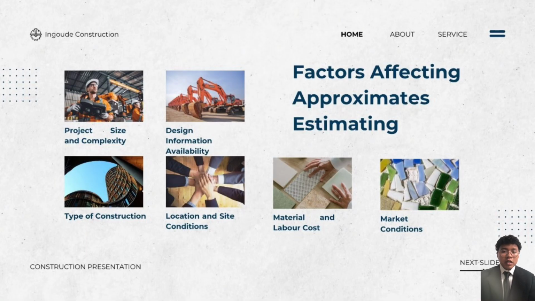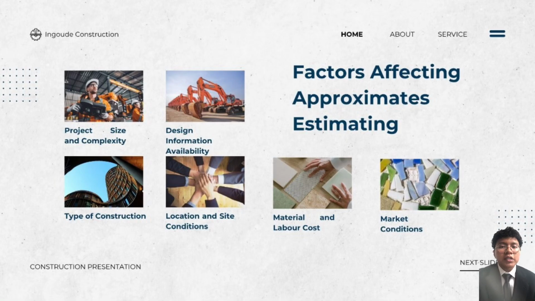Third, type of construction. The method of construction plays a big role. For example, using a precast system may reduce labor costs and speed up the build, while conventional methods might take longer and cost more. Innovative construction methods can also affect how we calculate the estimate.